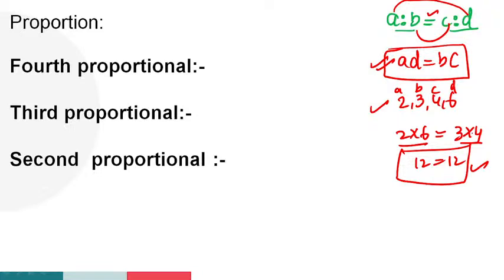Is it a proportion or not? Yes, it is a proportion. Proportion means two ratios are equal. Is it clear, all of you? The proportion formation is AD is equal to BC.